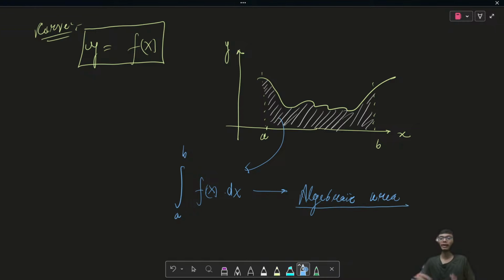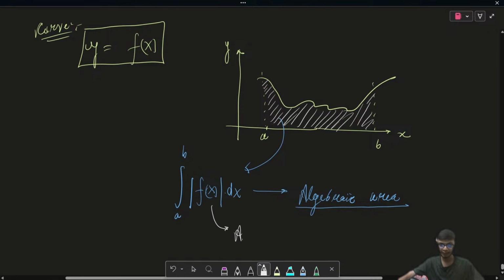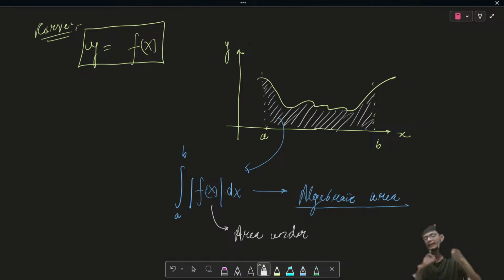When I find the definite integral, it gives me the algebraic area, or the area with sign. But when I talk about area under the curve, the most important thing is to ensure it is a mod of it. When I talk about area, I mean the total magnitude of the area bounded by that curve.